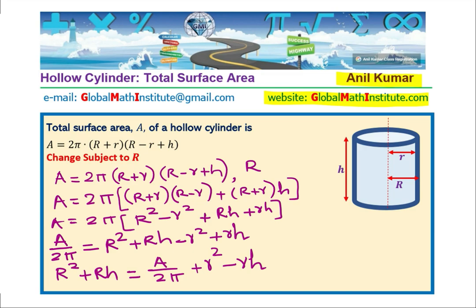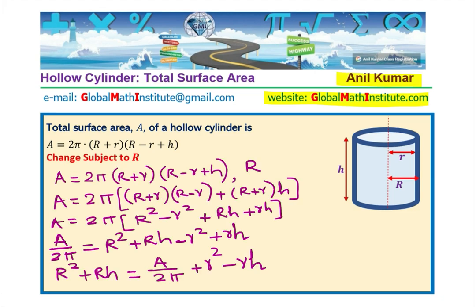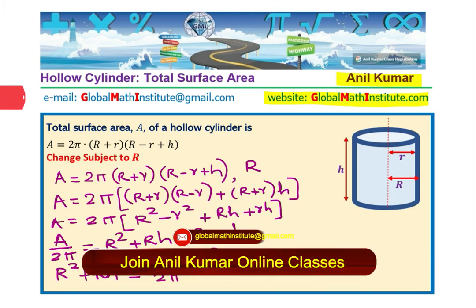Now, how do we isolate R from this equation? It's a quadratic equation, correct? Let us continue with this expression on the next page. We have R square plus R h equals A by 2 pi plus r square minus r h.